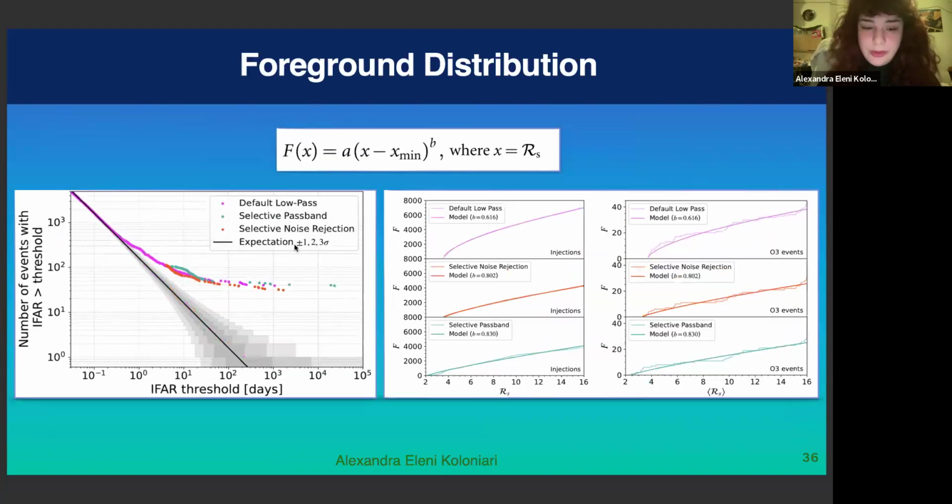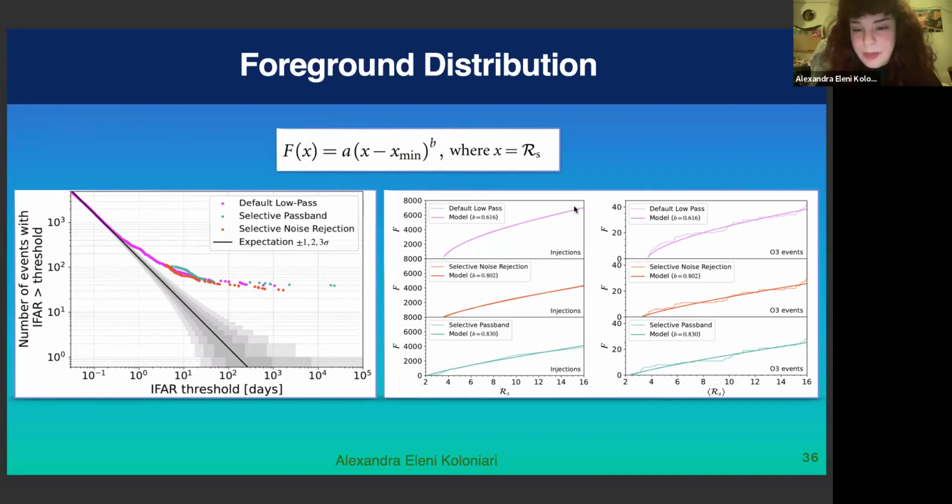Now for the foreground distribution, you can see what we talked about before. Now that we do include the gravitational wave events, all classes are out of the expected noise region. And we also used this specific formula to find the foreground distribution. In the left panel, you see the performance of ResGW on LIGO injections.